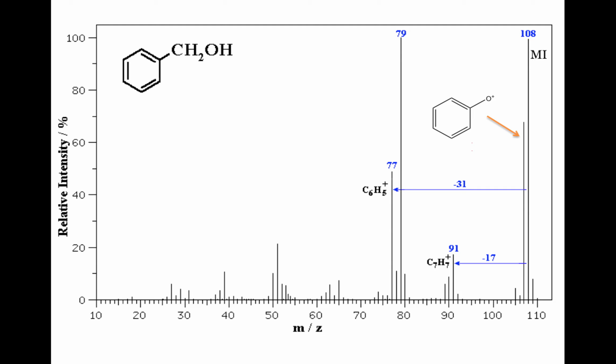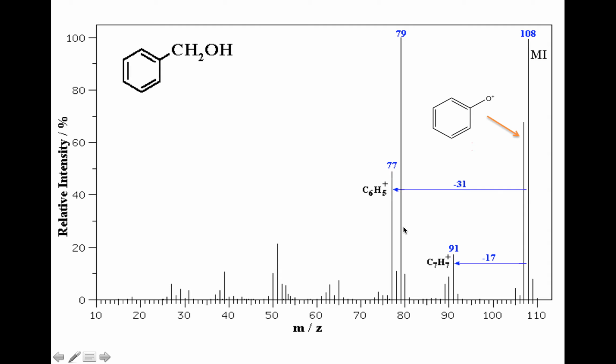The second example is benzyl alcohol. Benzyl alcohol has the OH group. The molecular ion peak is 108. When it loses 1 hydrogen, you can predict this 107 is this fragment. When it loses 16 from here to here, or 17 from here to here, you end up with the benzyl group, which is 91.